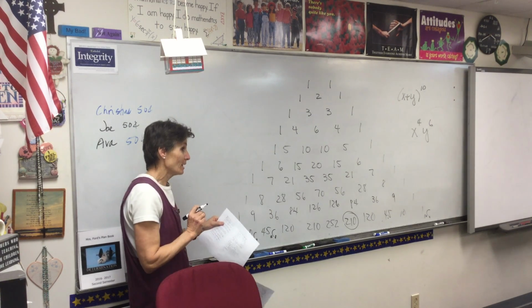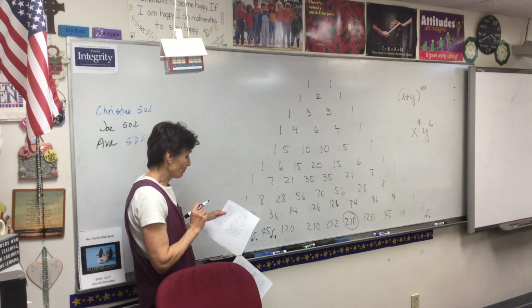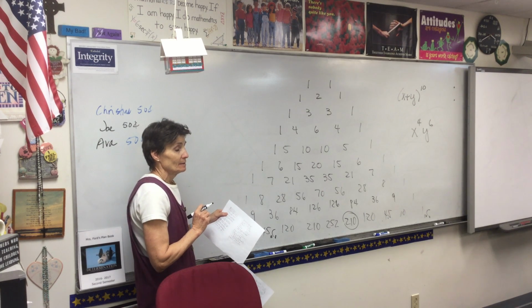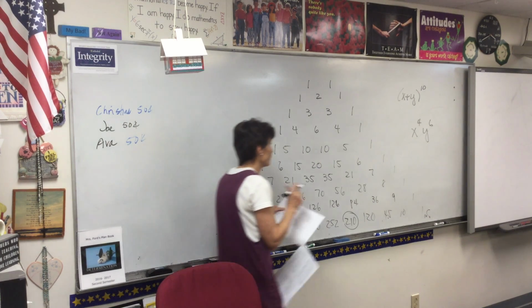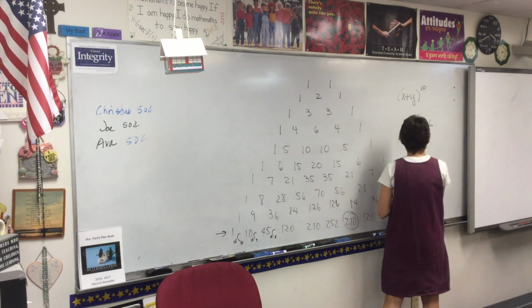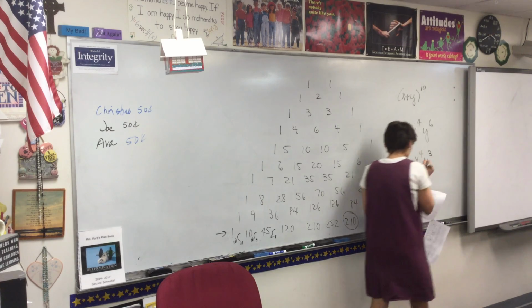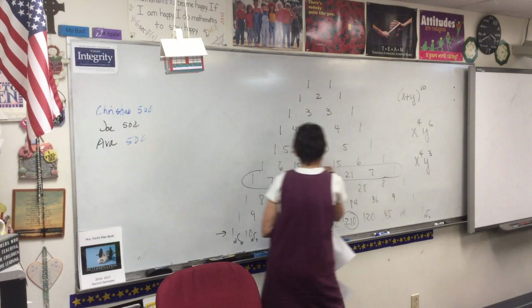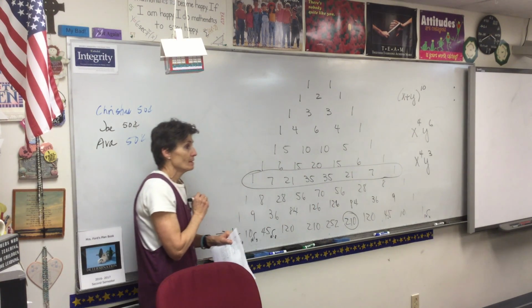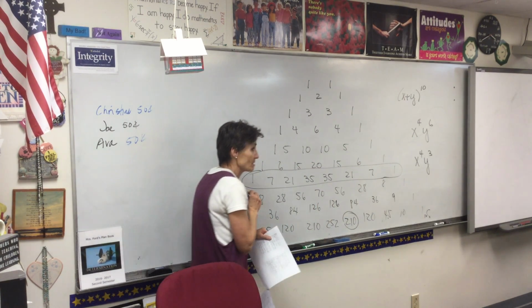While I have the triangle up here, let's go ahead and do number 48. I want the coefficient of the x to the 4th y cubed. So I am in the 7th row now. I'm in this row of numbers, right? And I want the x to the 4th one.